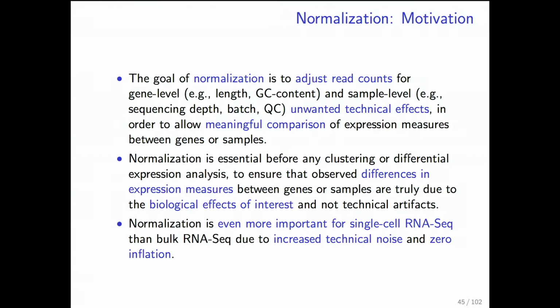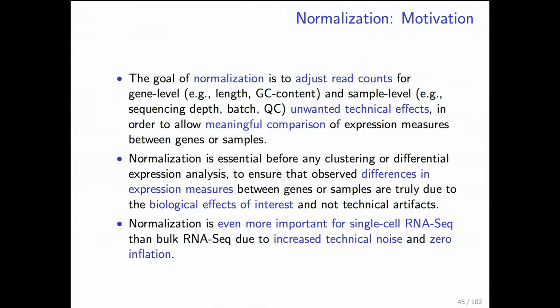Normalization is essential before any downstream analysis like clustering or differential expression analysis to make sure that when we see a difference in expression measure, it's really due to the biology of interest and not nuisance technical effects. And normalization is even more important for single-cell RNA-Seq than for bulk RNA-Seq because of higher levels of technical noise and also the zero inflation.